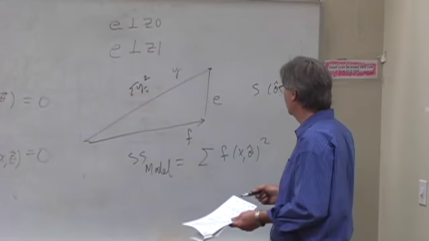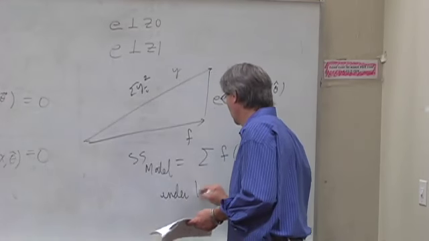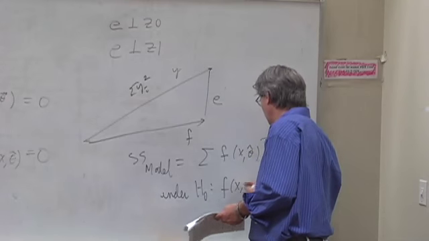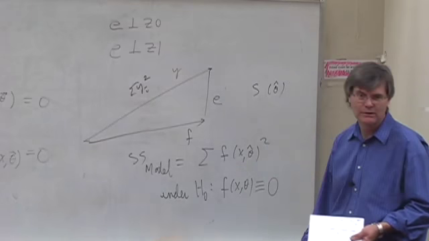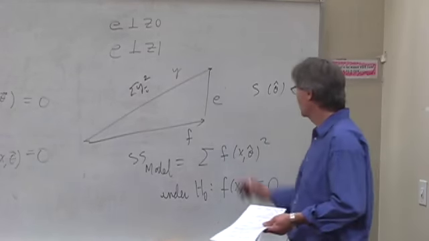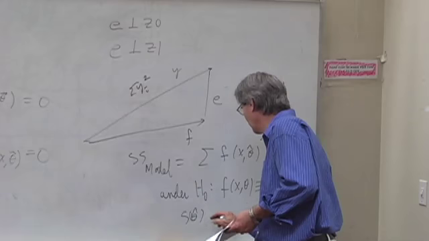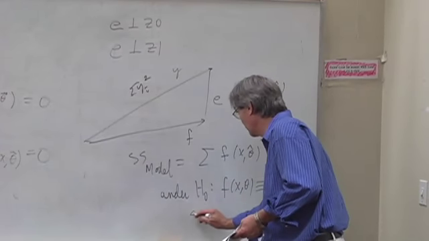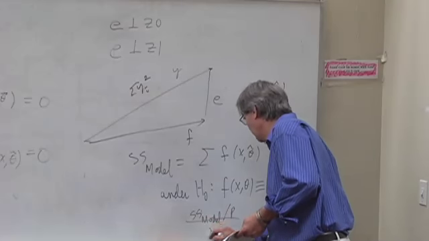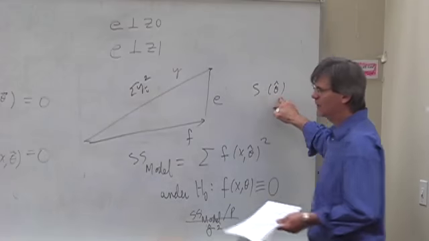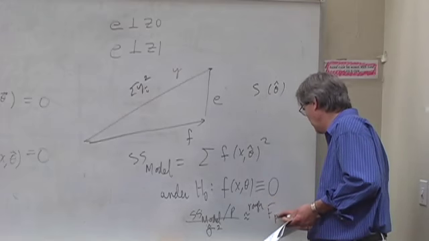Then what you get is that under the null hypothesis that the regression function is trivial, he says if the thetas are 0, but really you should write it as the assumption that the regression function is identically 0, then SS model divided by its degrees of freedom P, over sigma hat squared, which would be S theta hat divided by N minus P, would be roughly F with P and N minus P degrees of freedom.